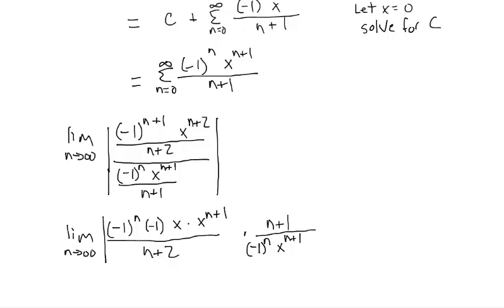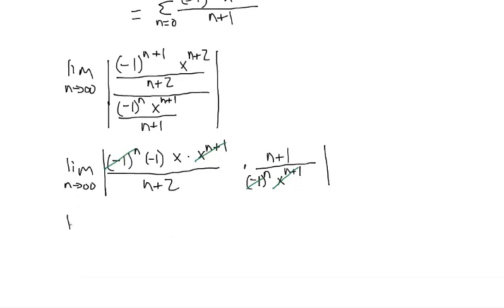And now I'm going to cancel factors that cancel. So negative 1 to the n, negative 1 to the n, and x to the n plus 1, x to the n plus 1. So now I'm left with the limit as n goes to infinity of n plus 1 divided by n plus 2 times the absolute value of x, and that equals the absolute value of x.